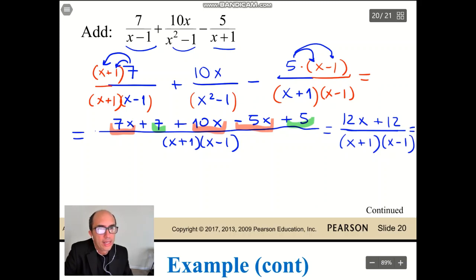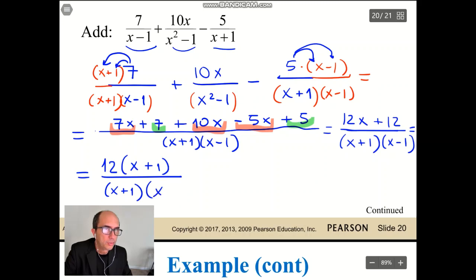Can we make any further simplifications? Yes, I think so, because we can factor out 12, right? Factor out 12, x plus 1 over x plus 1 times x minus 1. And look at that, you can simplify.